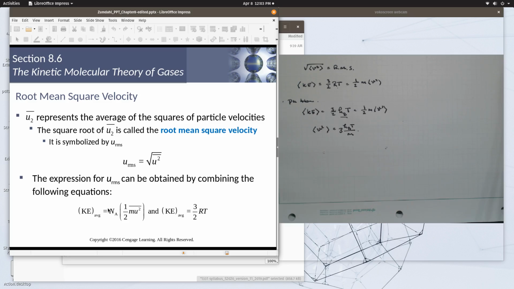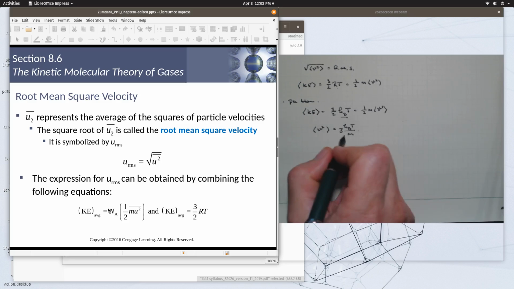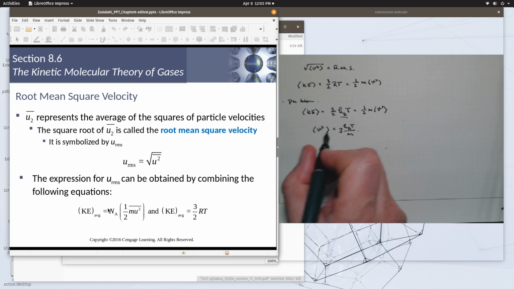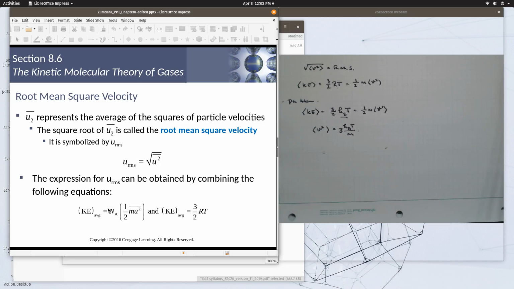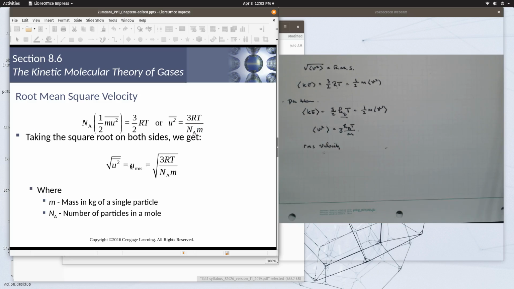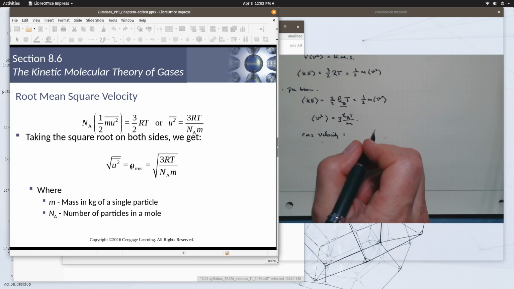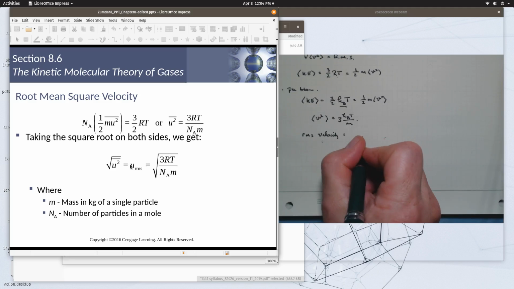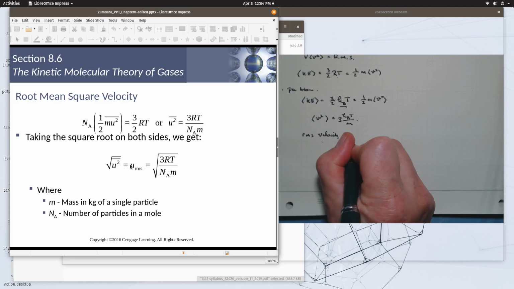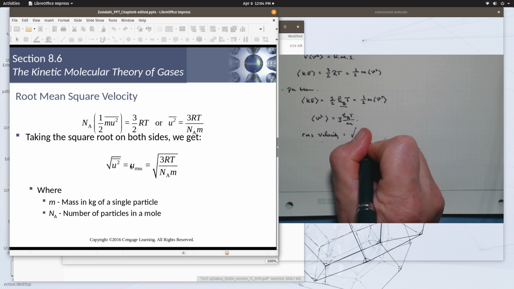And then simply take the square root of that to get the RMS value of this. That gives you the RMS. So the RMS velocity is simply the square root of this thing. Right, 3/2. And again, I can put this into a molar quantity, or I can put this into individual atom quantity.